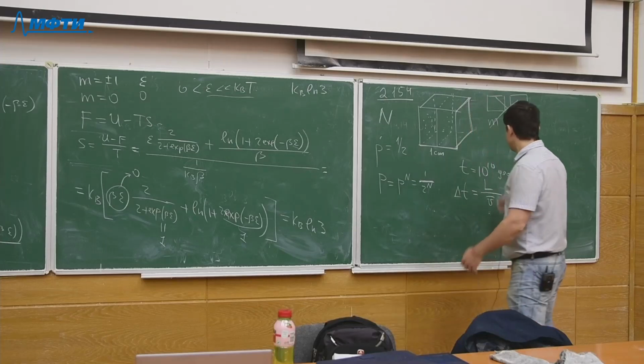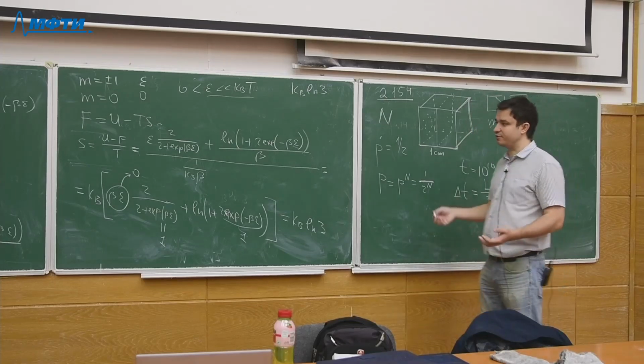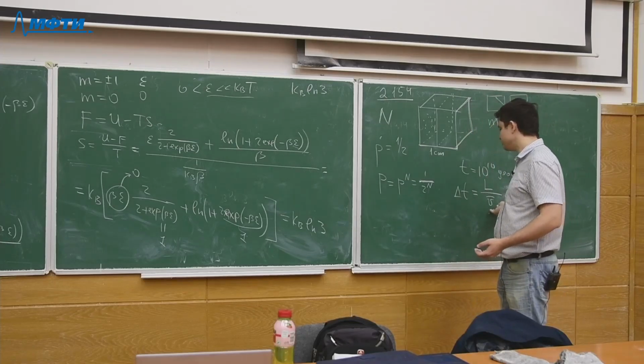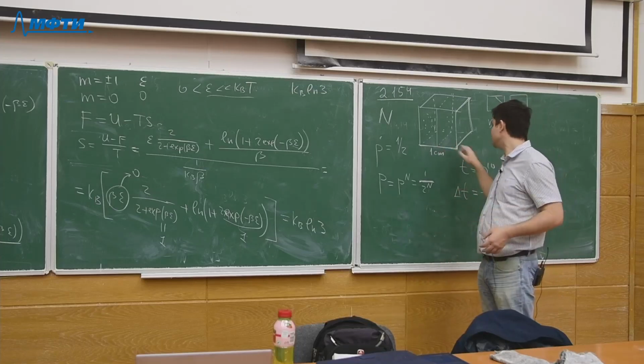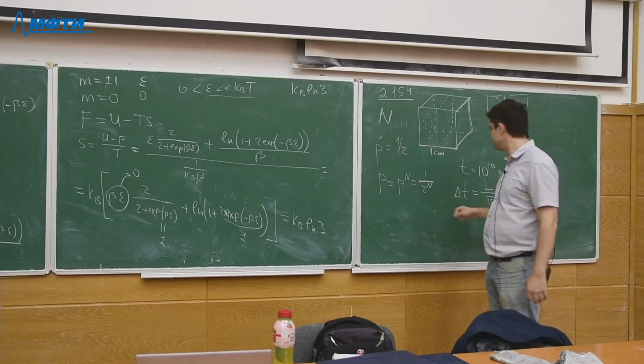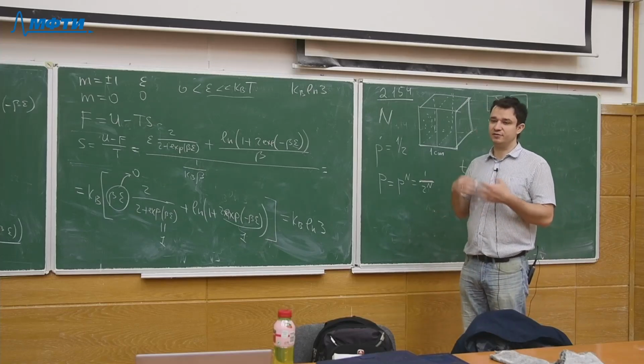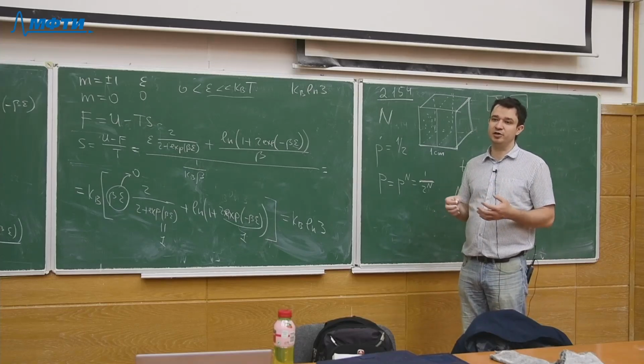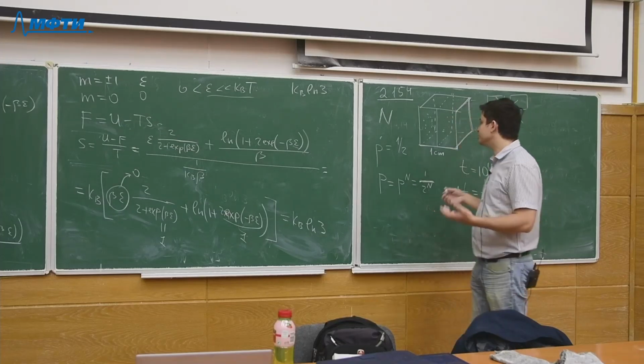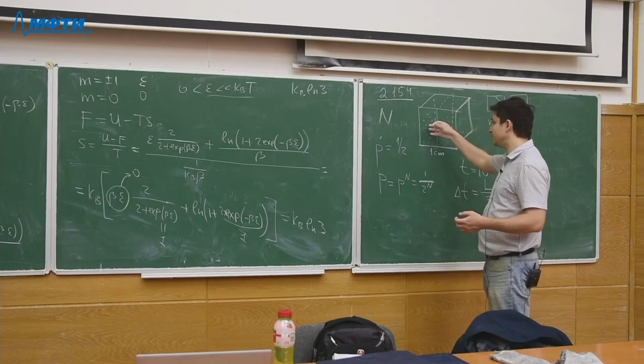So if my molecule on average has this speed and my vessel has this side, and if I wait this amount of time, that means the final position of each molecule would be completely uncorrelated to the position of these molecules at the initial moment of time.